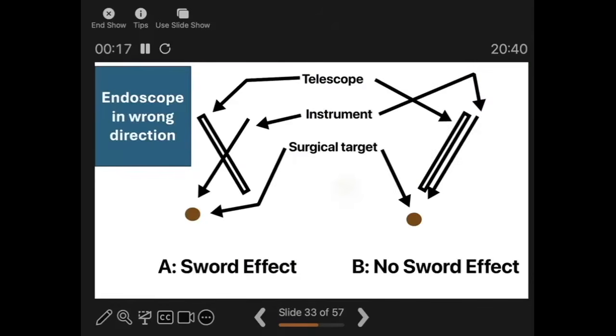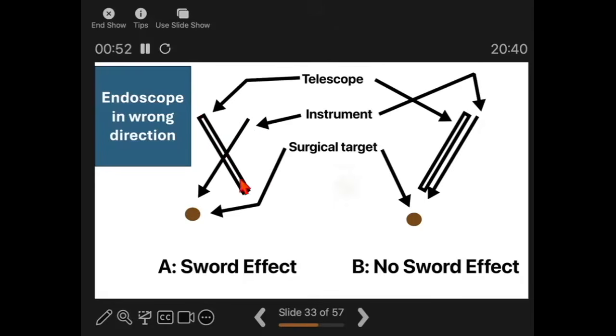Image A shows the sword effect by placing the endoscope and instrument in the opposite direction. It obstructs instrument manipulation, whereas aligning them in the same direction to the surgical target improves maneuverability as shown in B. So here, this is the endoscope, this is the instrument, this is the surgical target area.